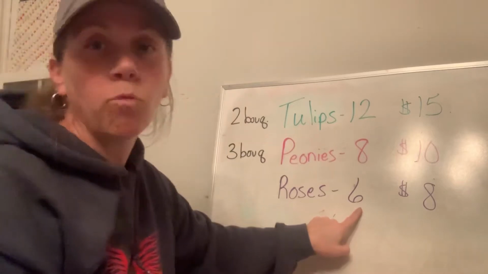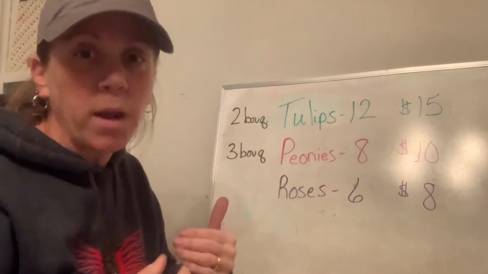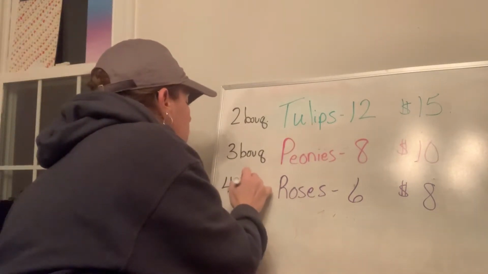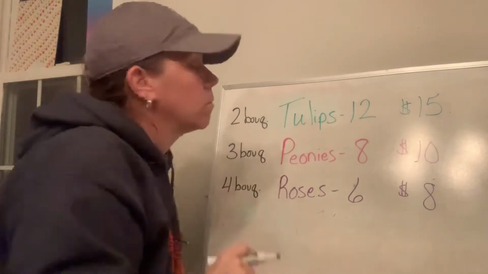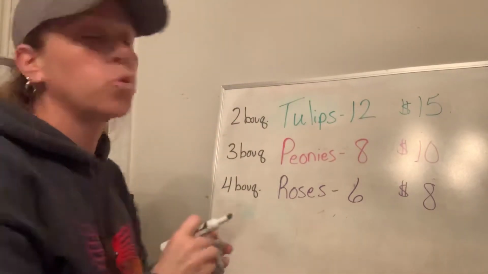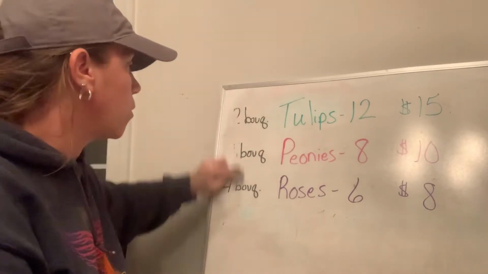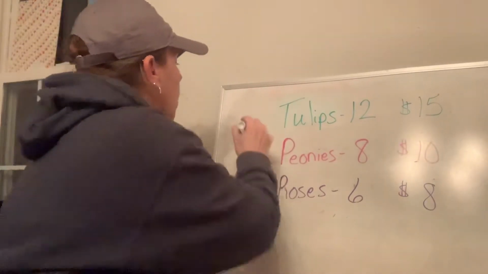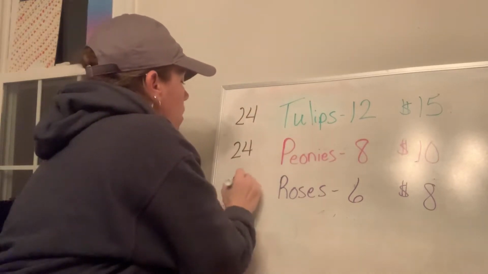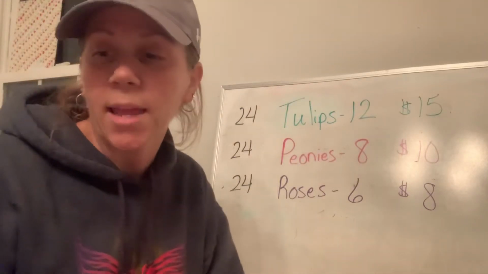If she wants roses, she needs 4 packs of roses to get 24 flowers. Okay, and then so she will use 24 tulips, 24 peonies, and 24 roses. So I'm going to write that here. 24, 24, and 24. And then she won't waste any flowers.